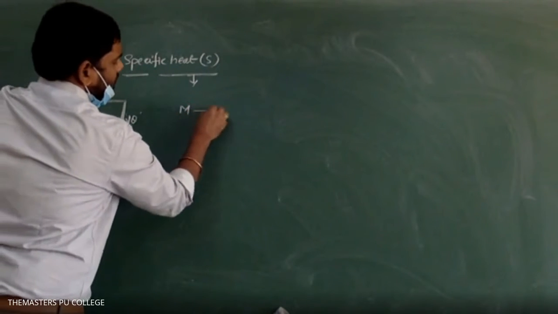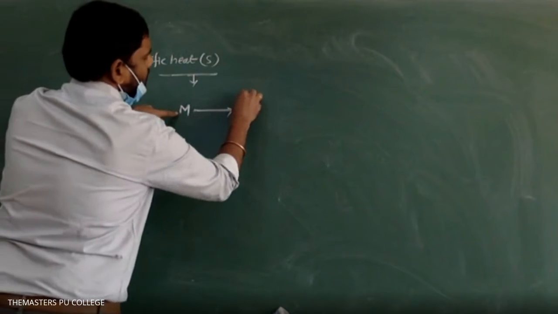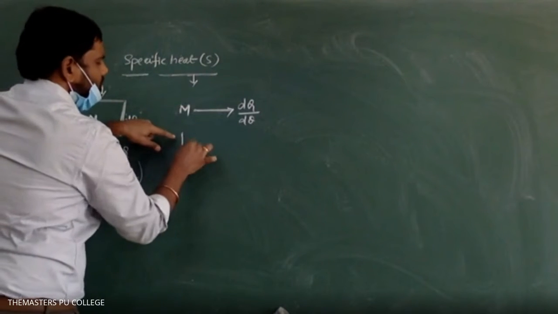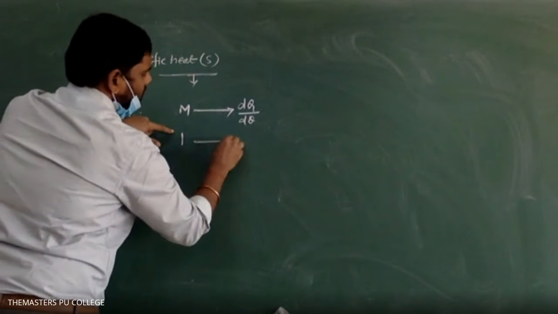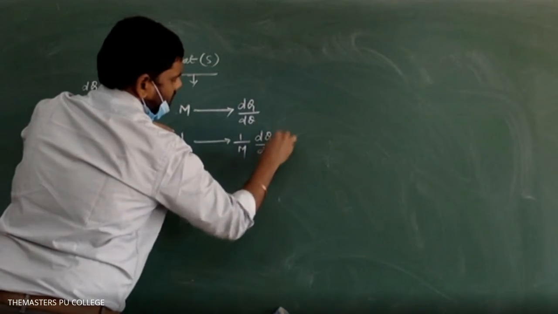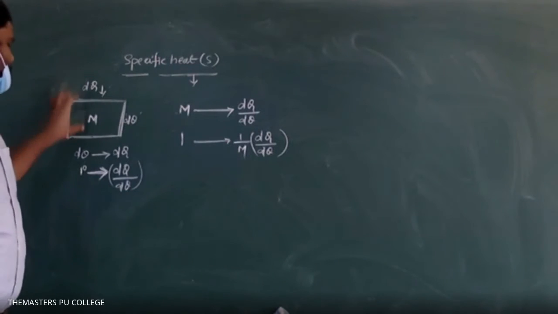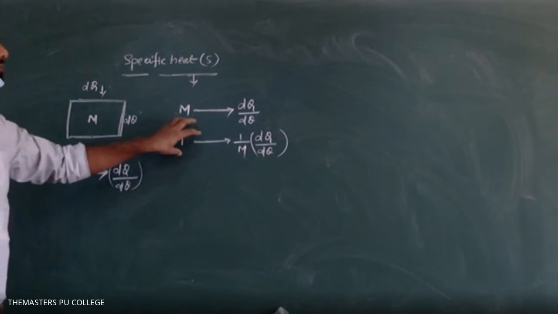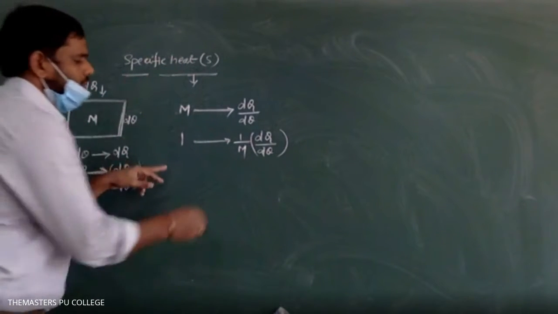For unit mass, in the CGS system 1 gram, in the SI system 1 kg, the heat required is 1 by m of dQ upon d theta. The amount of heat that must be supplied to a unit mass to raise its temperature by 1 degree Kelvin or 1 degree Celsius is known as the specific heat.